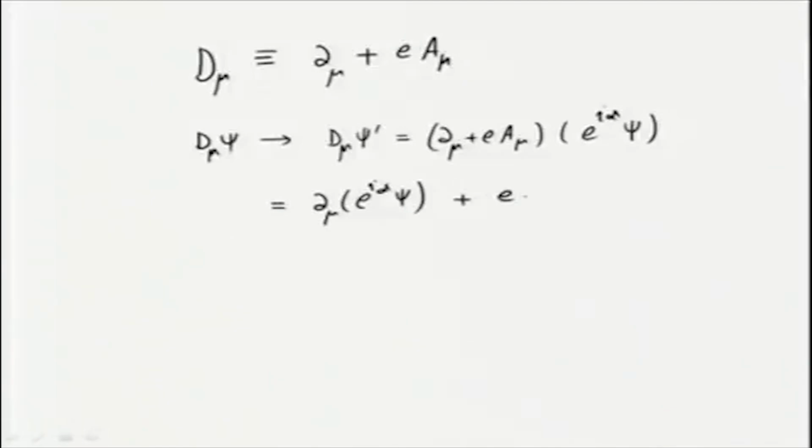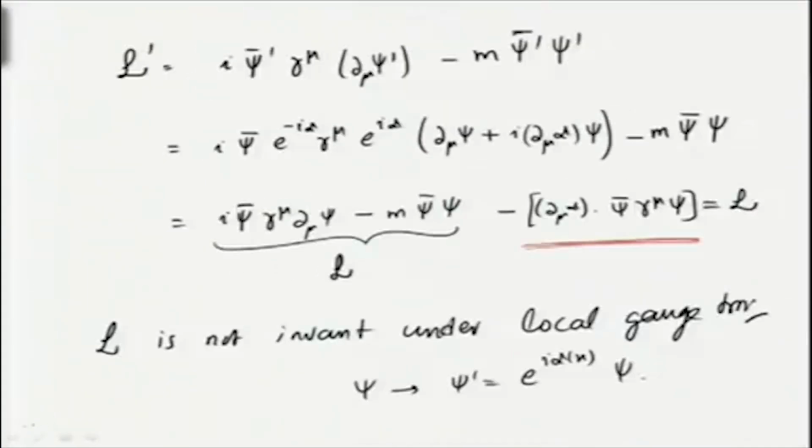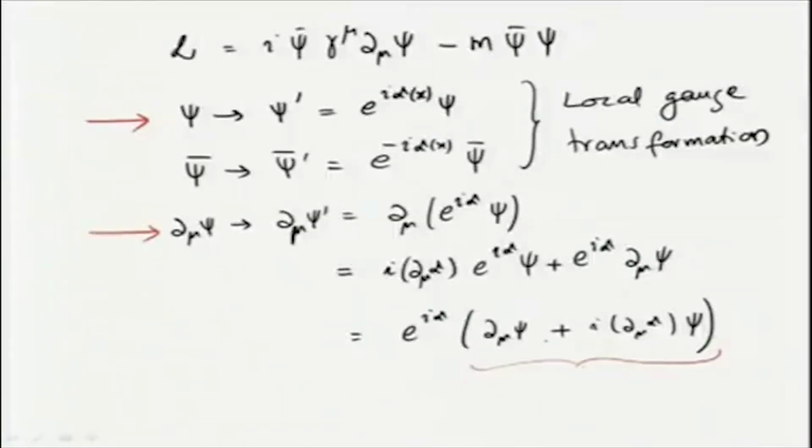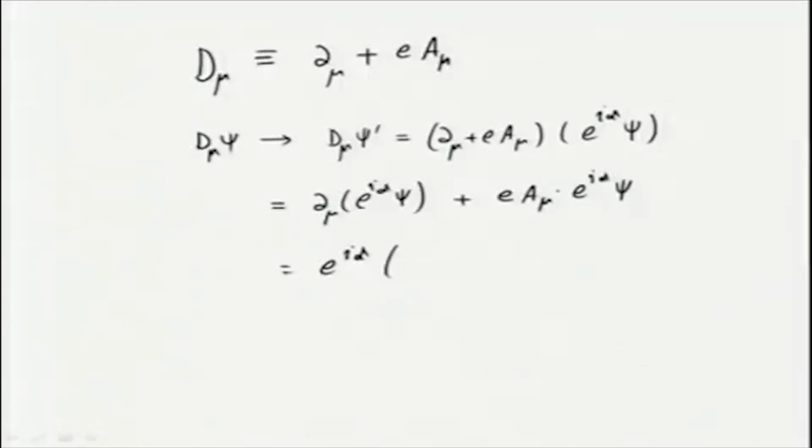Second is e a mu e power i alpha psi. So, altogether I have e power i alpha from the expression here, that e power i alpha dou mu psi plus i dou mu alpha psi. So, that is what I will write down first, dou mu psi plus i dou mu alpha psi. Then you have another term plus e a mu.